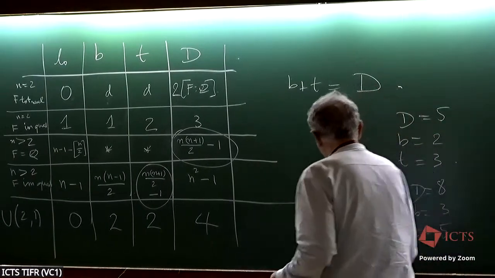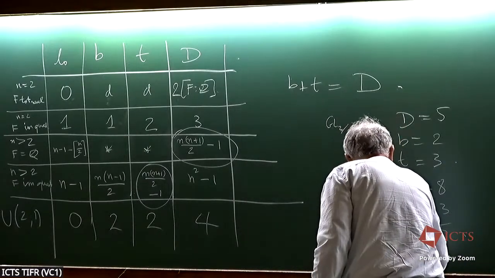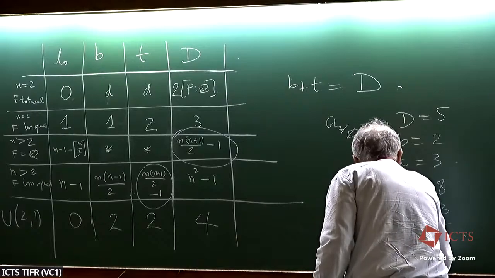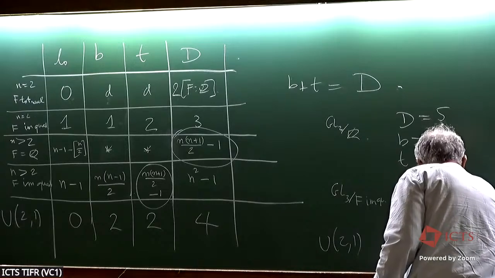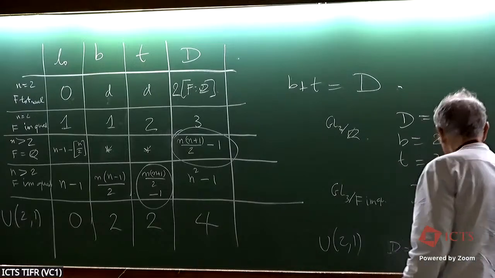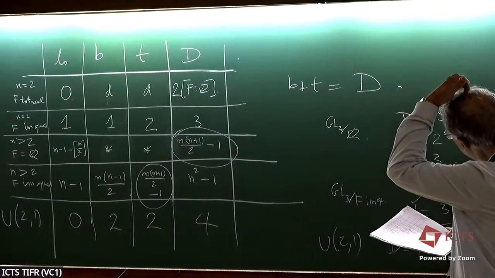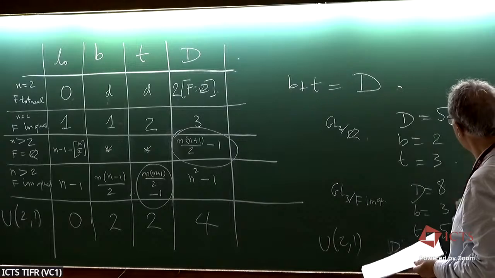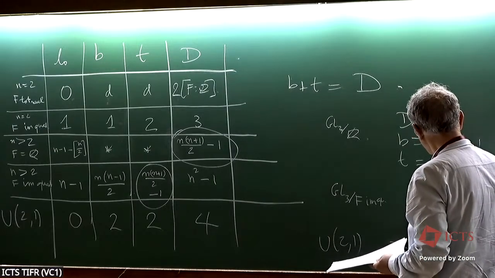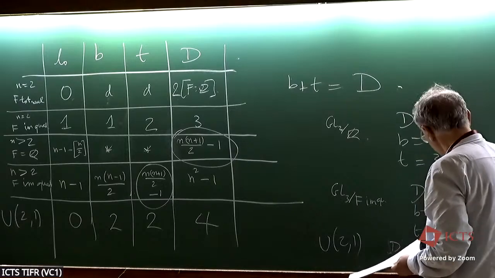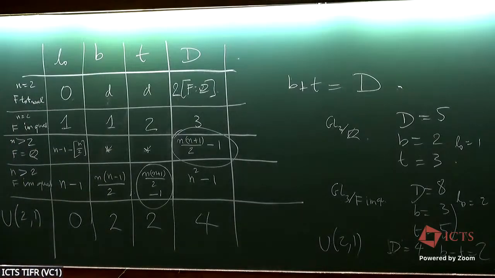And for U(2,1), so dimension is 4, so D is 4, and we are considering the so-called middle degree cohomology, so degree 2. Okay, so that's the table, of course, so L0 is 1, and L0 is 2 here, of course, and L0 is 0. Okay, so that's the kind of variety we are considering.